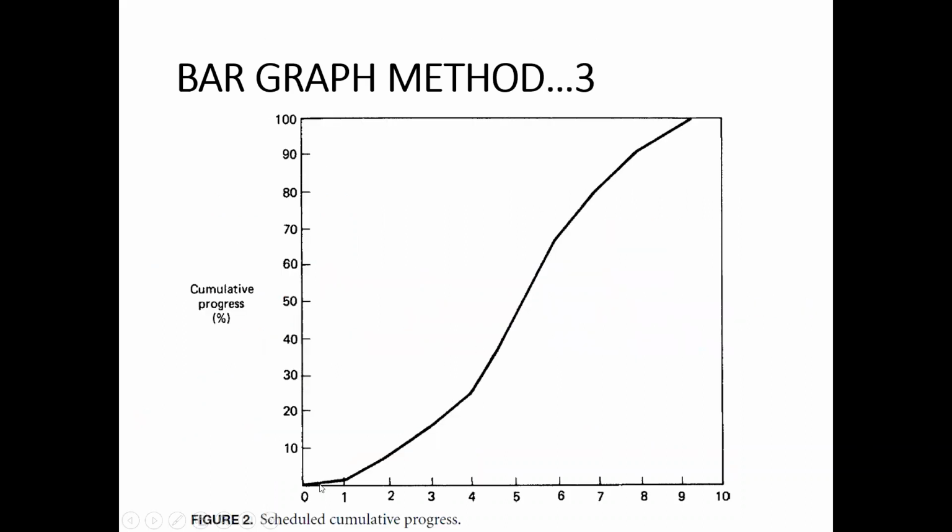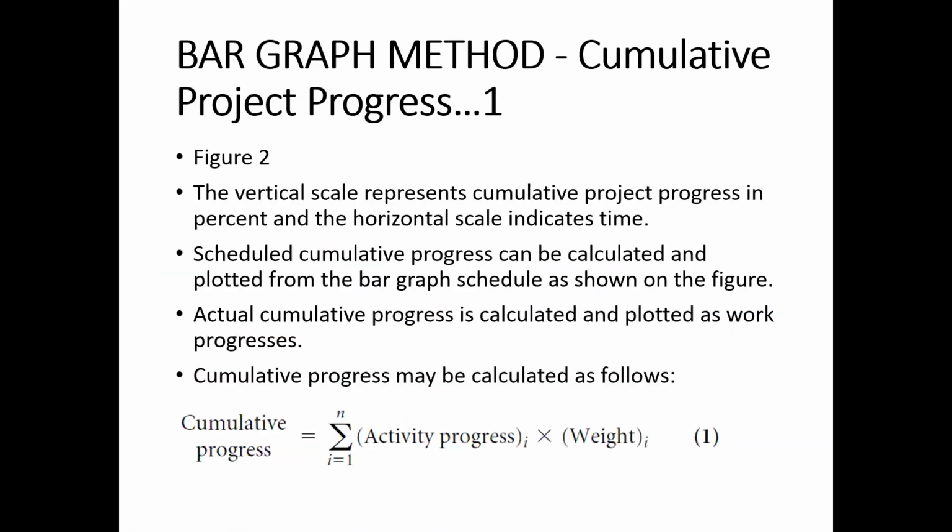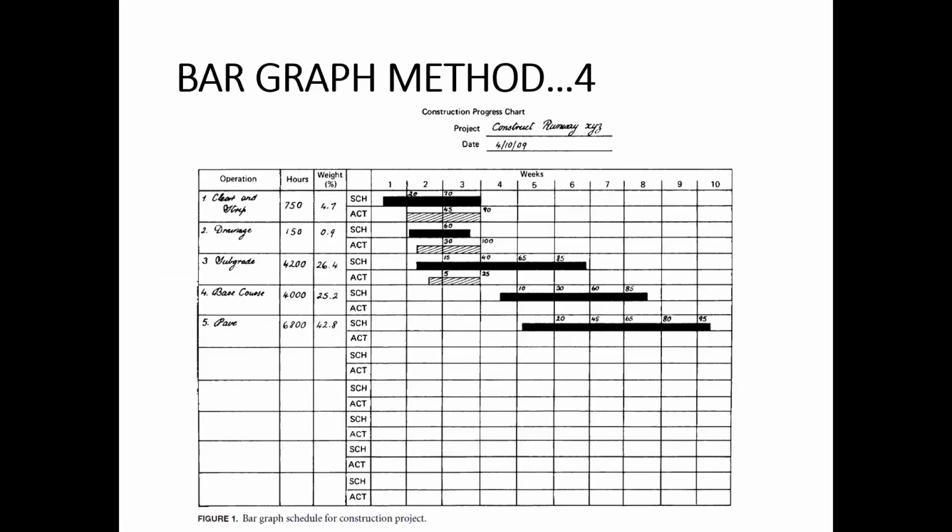This curve can even be expanded to show the actual progress. In this case, as the information has been given, we can only establish the actual progress by the end of the third week, because other information has not been given.